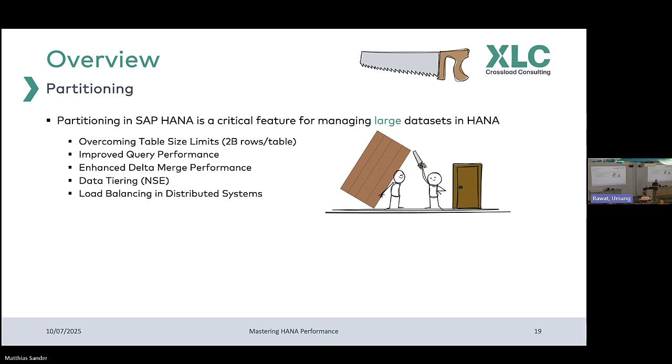For example, if you only have a 256 gigabyte system and a 100 gigabyte table, the delta merge roughly needs 200 gigabytes, which is mostly the whole system. And for sure, data tiering is also a reason why you need HANA partitioning. We also don't see it so often, but in scale-out systems you need table partitioning for load balancing.